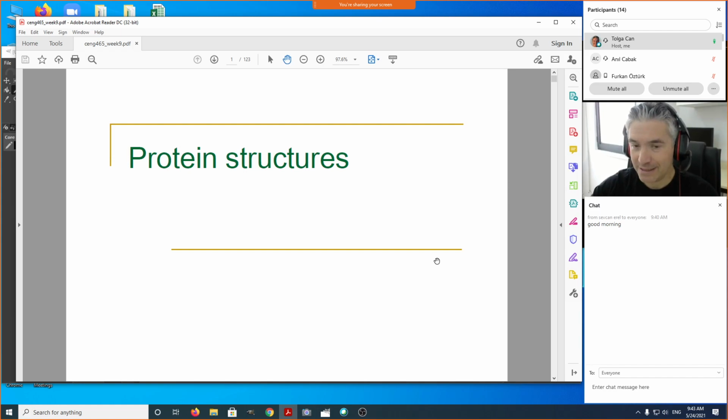Then if you look at this individual amino acid chain, one of those subunits in that macromolecular structure, it has a three-dimensional shape, and it may also be very unique. And that's the third level structure, which is called the tertiary structure.